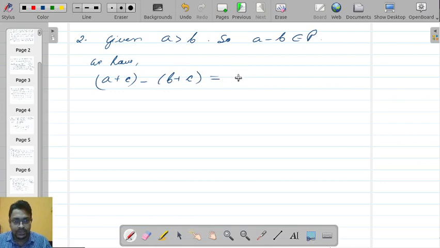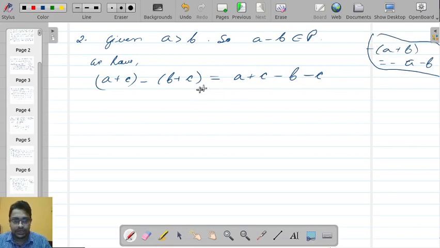So (A plus C) minus (B plus C) is actually, if I use the law from the field axioms algebra that we did yesterday, minus of (A plus B) is the same as minus A minus B. We have derived this property already, so I can use it and cancel this out.